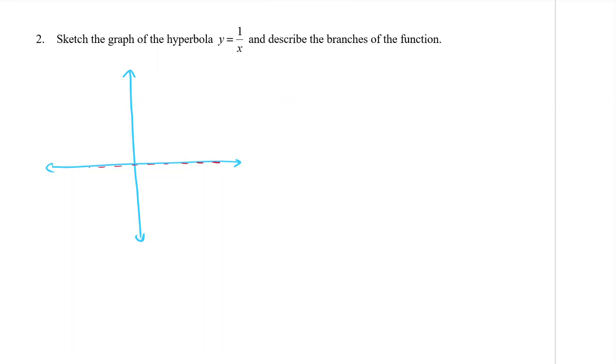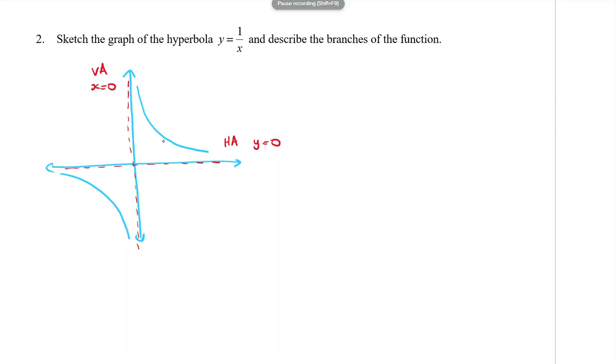Asymptote across here would be horizontal asymptote at y equals 0. Then we have a vertical asymptote at x equals 0. Okay, the curve is going to be in the first and the third quadrant.